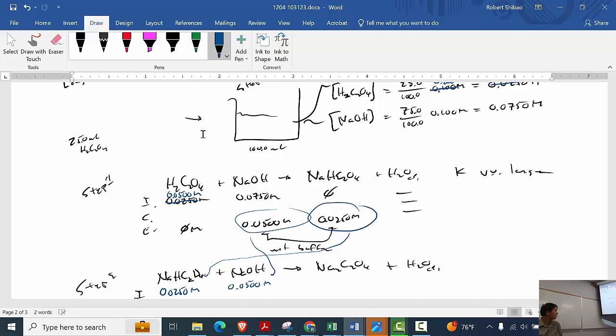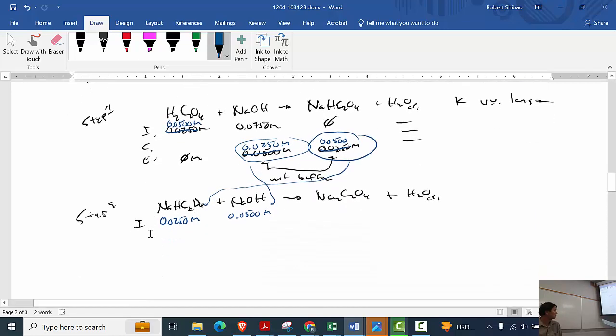Okay. And this would be 0.0250. And this should be 0.0500. Which is going to mean this is going to be 0.0500. And this will be 0.0250.